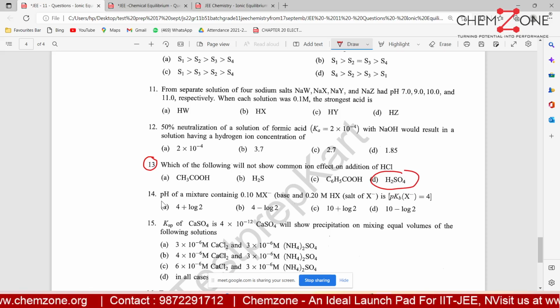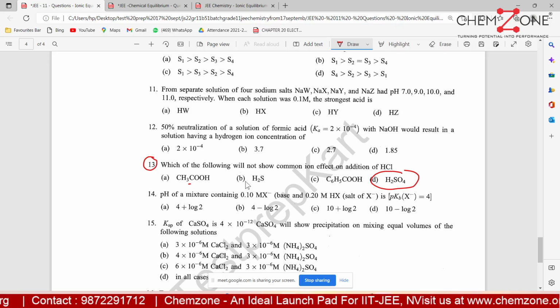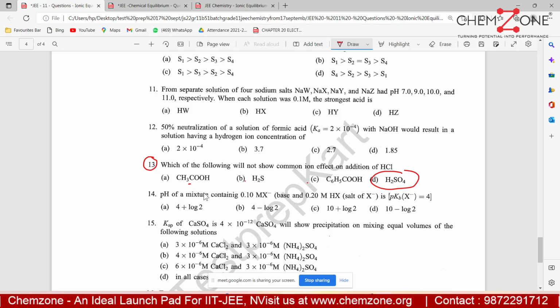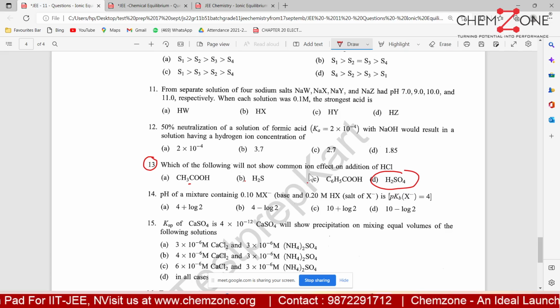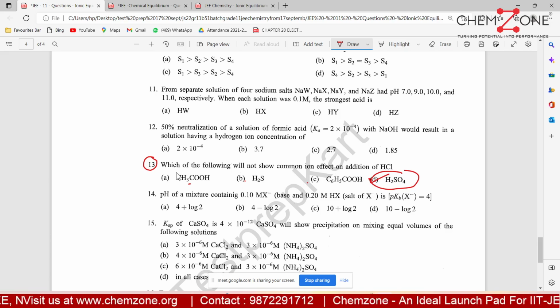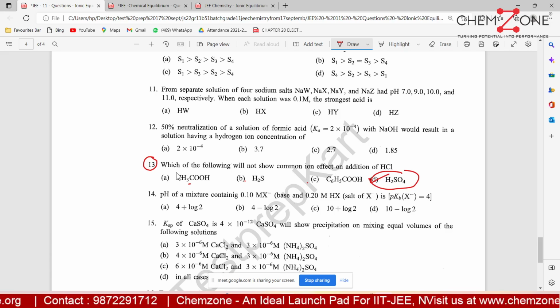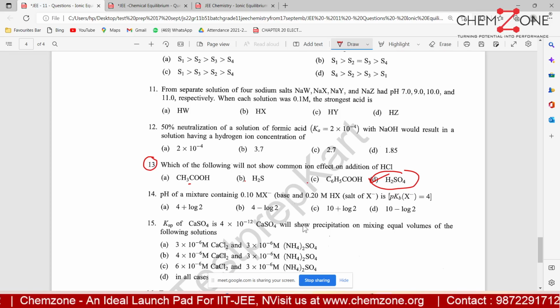It is already dissociated. The other three are weak acids. Their degree of dissociation will be affected by the HCl. So it will not show the common ion effect with the H2SO4. Am I clear? Yes.